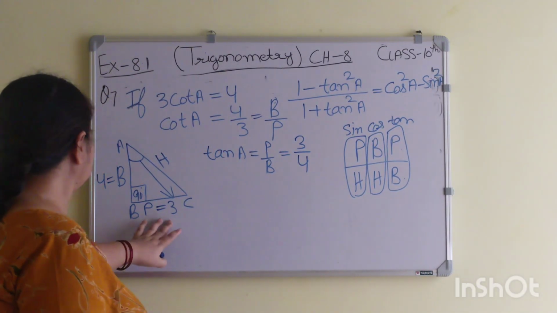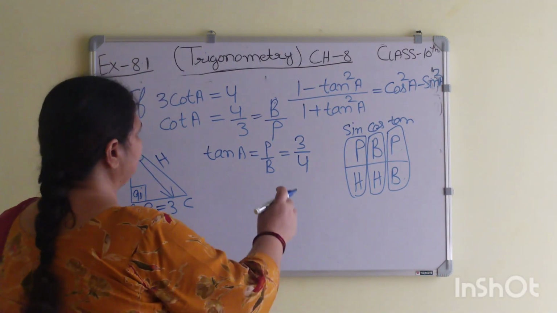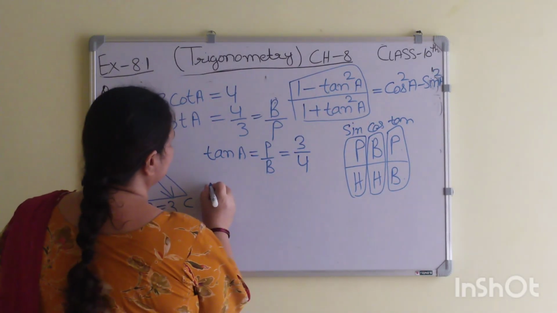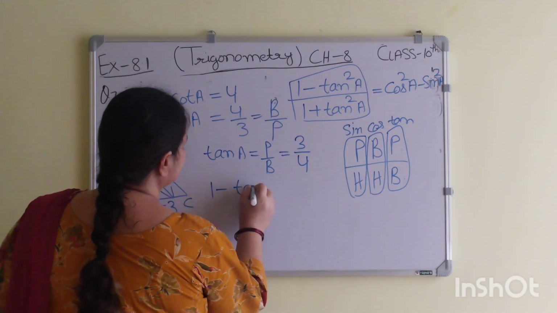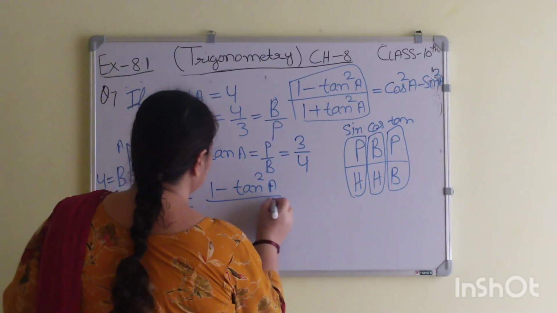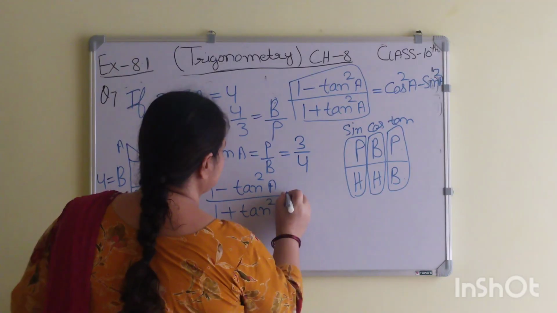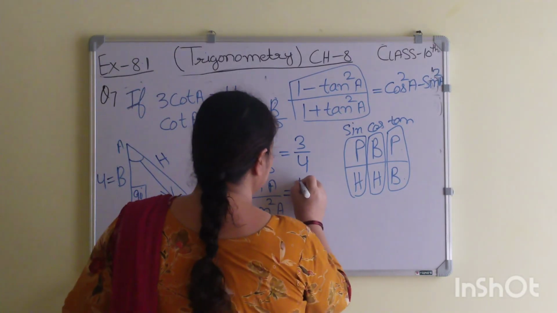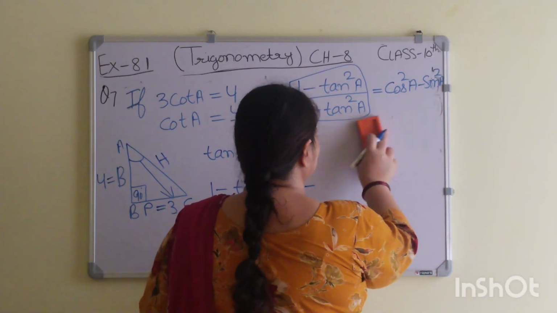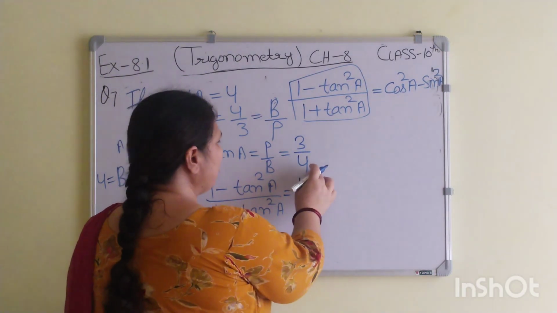Now we can find out the value of this part. 1 minus tan square A upon 1 plus tan square A is equal to 1 minus, where tan is equal to 3 upon 4.